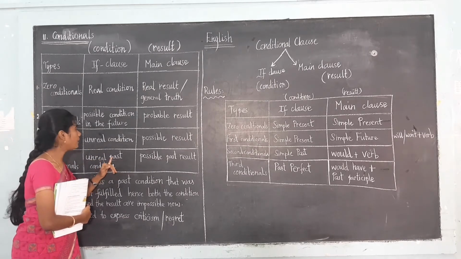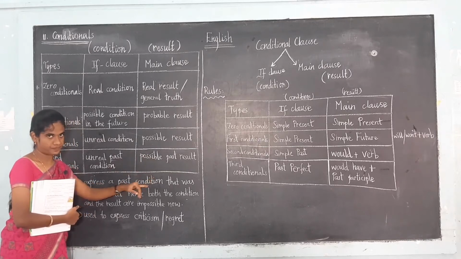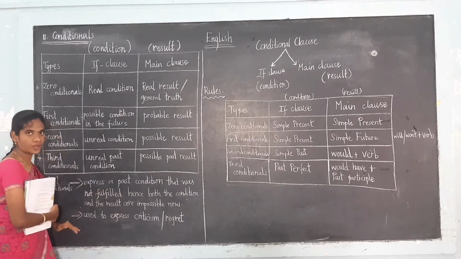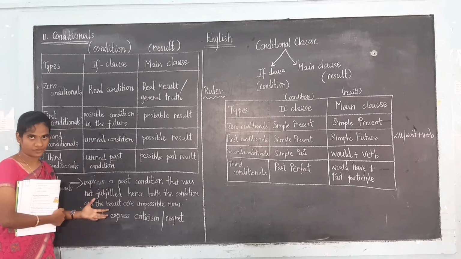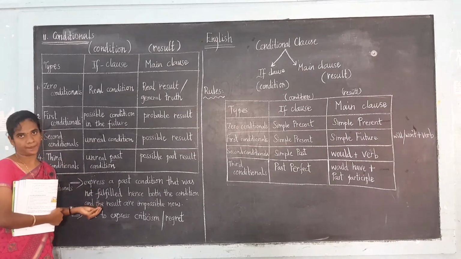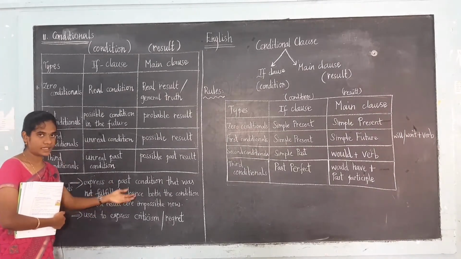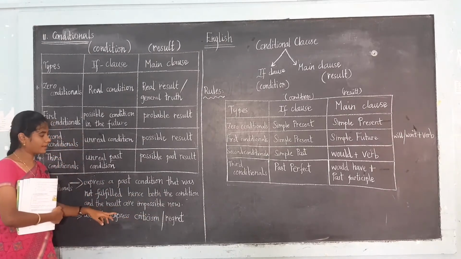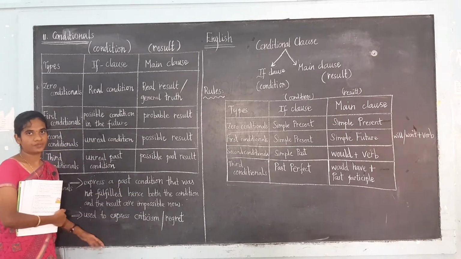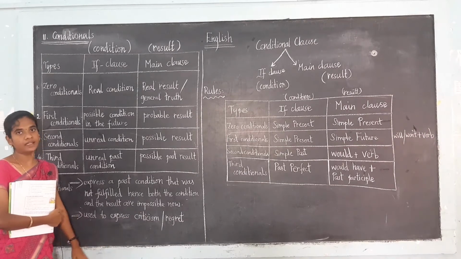So I have written past in both the clauses. And one more point you have to remember, the third conditional is a past condition that was not fulfilled. In the past the condition would happen but did not happen. Hence the condition, that is the if clause, and the result, that is the main clause, are impossible now. They are often used to criticize and to express regret.